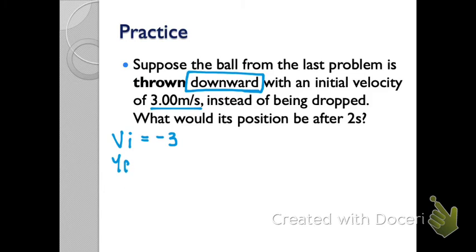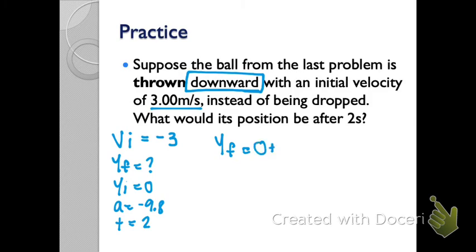My y final is what I'm solving for. Y initial is 0. Acceleration is negative 9.8. And time is 2 seconds. Okay, so we're still going to use our second equation, right? Y final equals 0. But this time we're not dropping out that initial velocity.